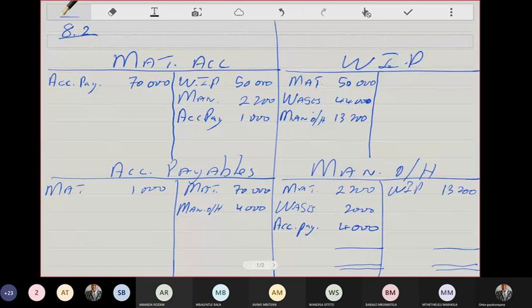So you've got 2,200 plus 2,000 plus 4,000. That gives you this side a total of 8,200. So the credit side is our biggest side. We're going to balance with that 13,200. So we need also this side 13,200. So the difference I will take to cost of sales.